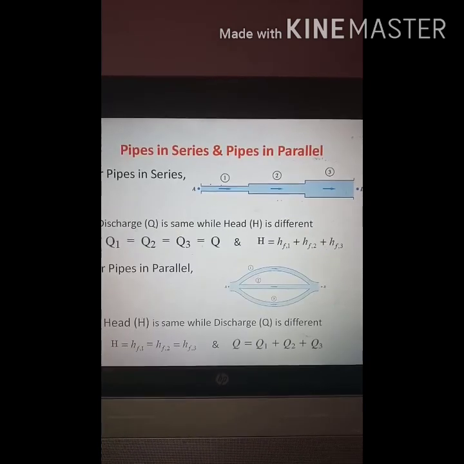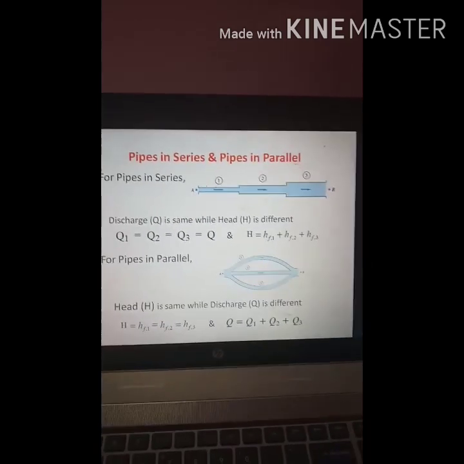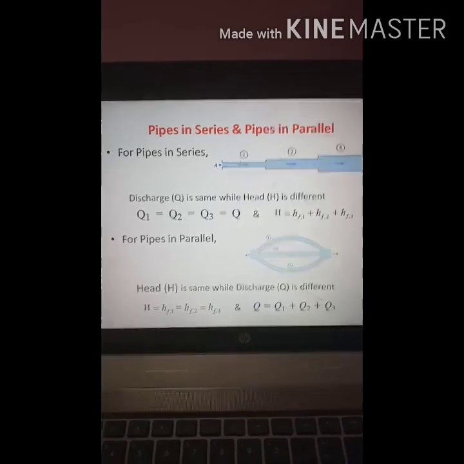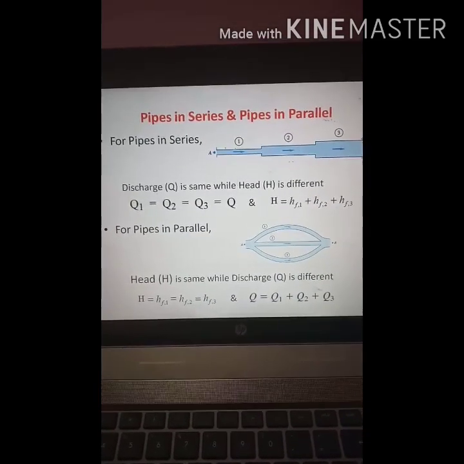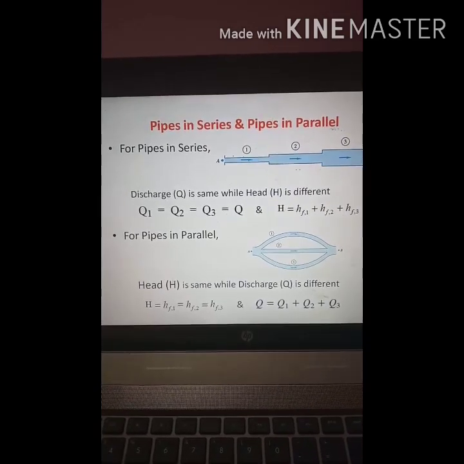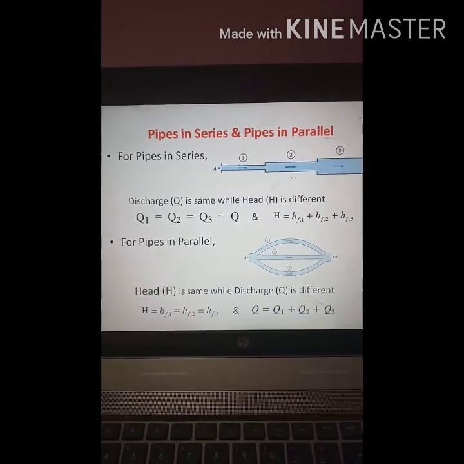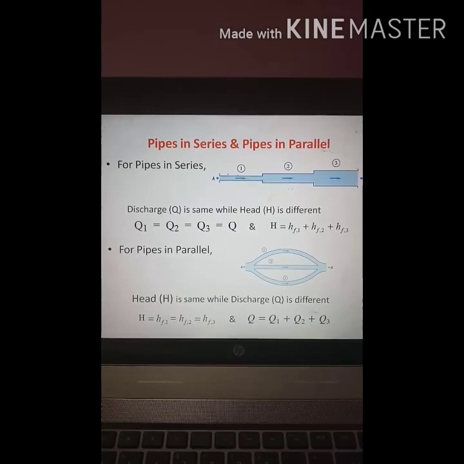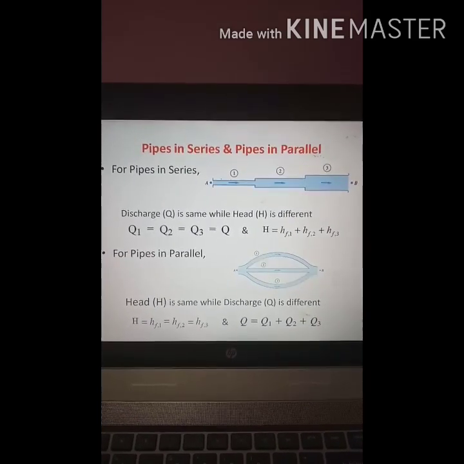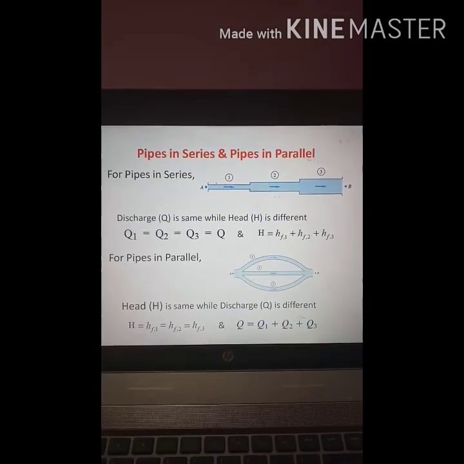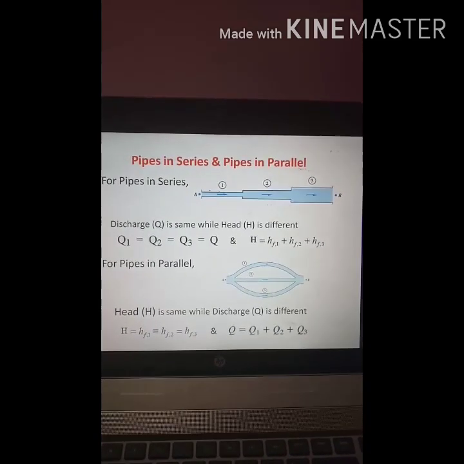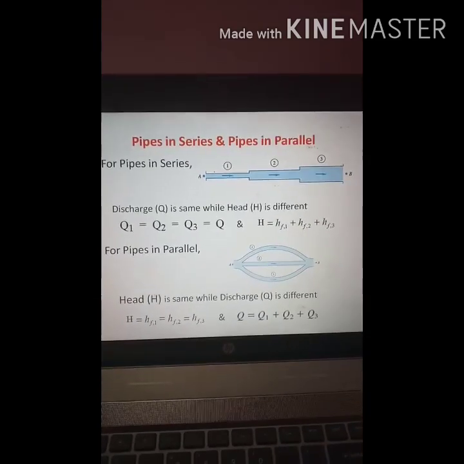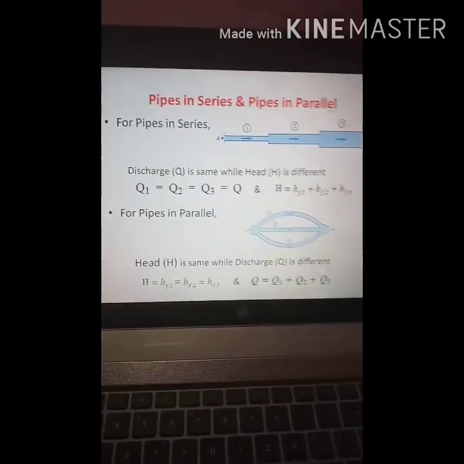So now let us move toward the second portion, that is the pipes in series and pipes in parallel. Depending upon the applications, for long pipes, where you cannot use a single pipe, because there will be losses involved, you have to make some branching of the pipe, and that branching is made depending upon the application.